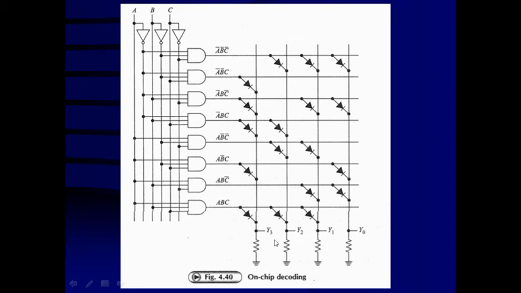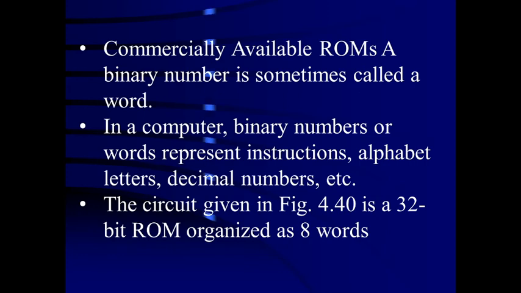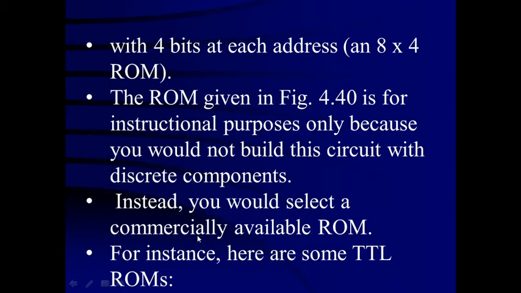So 4 multiplied by 8, that is 32 bit organized, and this system is going to be there. So the circuit given in figure 4.40 is a 32 bit ROM organized as 8 words. It can store 8 words with 4 bits at each address, that is 8 multiplied by 4 bits.